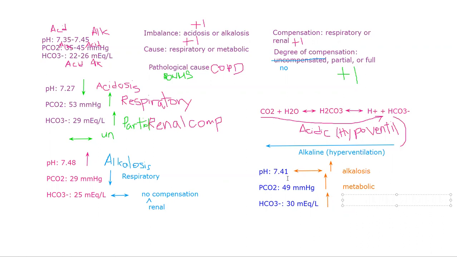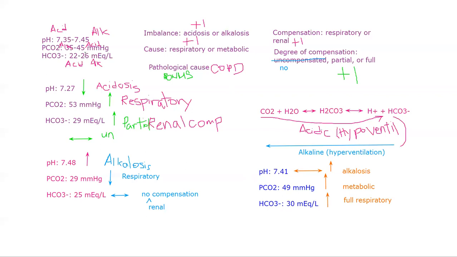I still have something wrong with me, and I'll talk about that in just a minute. But at least my breathing rate has changed, so that now I'm holding my breath more so that my pH is going to drop. So that means I have fully compensated my metabolic alkalosis through respiration. So I would call this metabolic alkalosis with full respiratory compensation. Now, again, because I was outside of normal range, because these numbers are not normal.